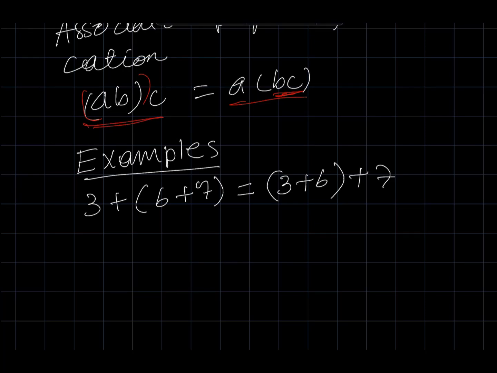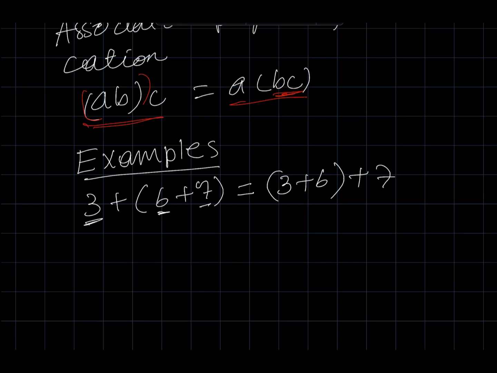We know that we apply the associative property of addition. The parentheses move, but the numbers don't. So we keep the numbers where they are, in the first, second, and third place, but I just move the parentheses. It doesn't matter for the final result.